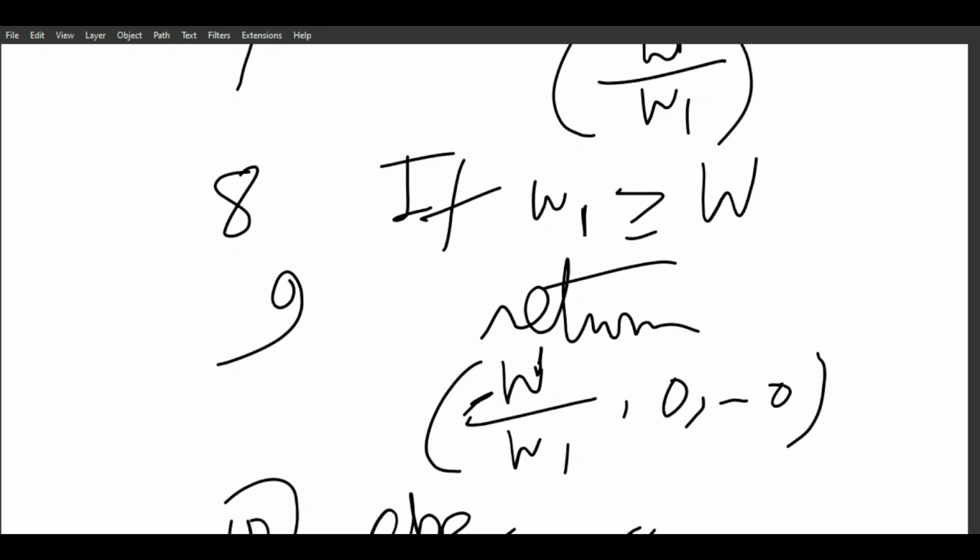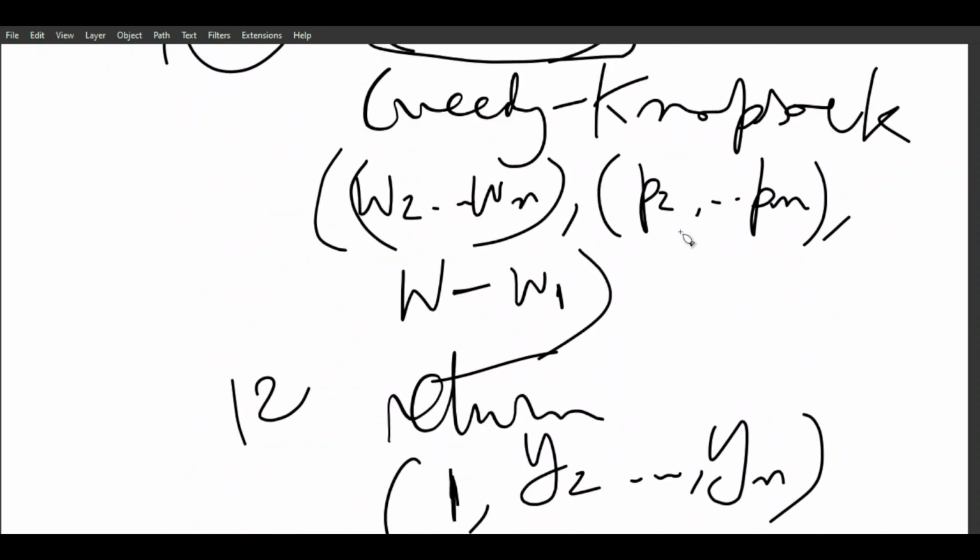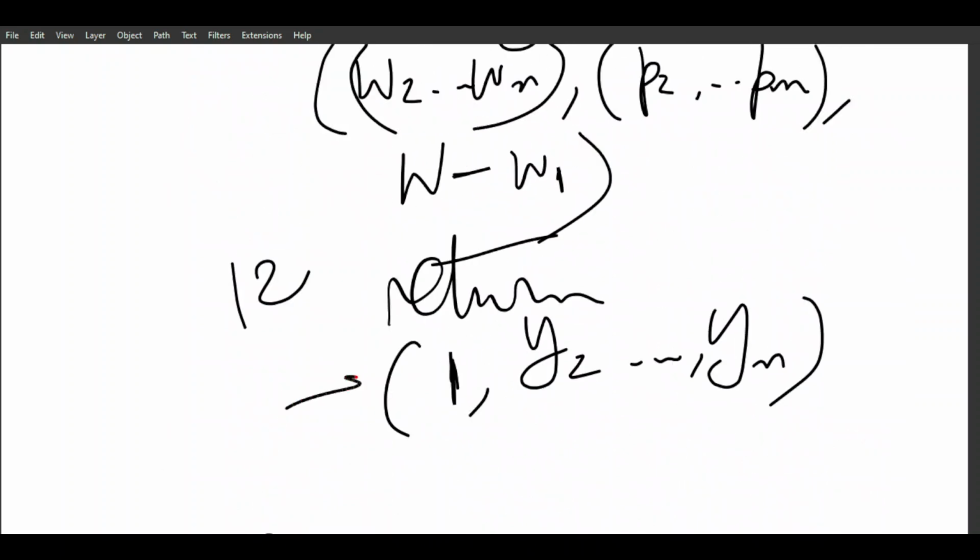So this case is also trivial. We are assuming that this is not the case, meaning more than one item is used in the solution. So we are considering the general case.